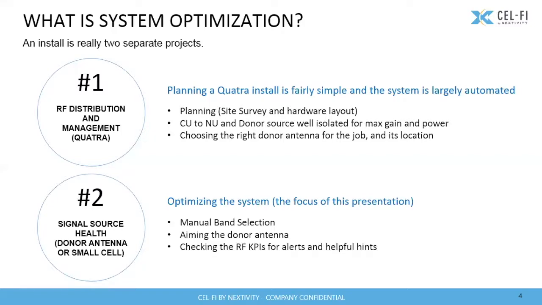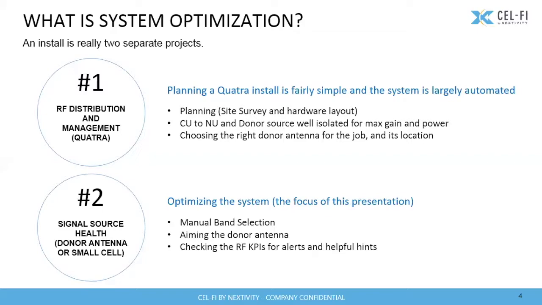And you've tried to achieve good isolation between your coverage unit and your donor antennas or the network unit itself, and have chosen the right antenna for the job, right? Because the different donor antennas will certainly have an effect on the outcome signal quality of your system. So we've assumed that all of that has been done for number one, and we're going to dive right into number two, which is optimizing your system.